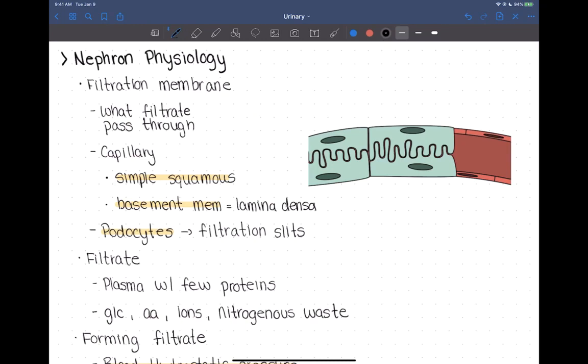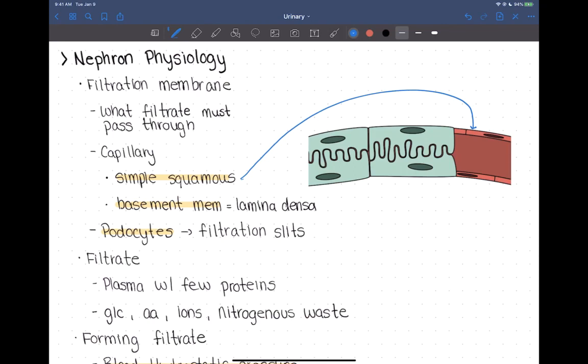To get to that capsular space. Okay, and so those structures are, if we start in the capillary, it'll first have to pass through the simple squamous of that capillary. So that would be here. Okay, so that filtrate is going to have to pass through that simple squamous cell. And then the basement membrane of the capillary.